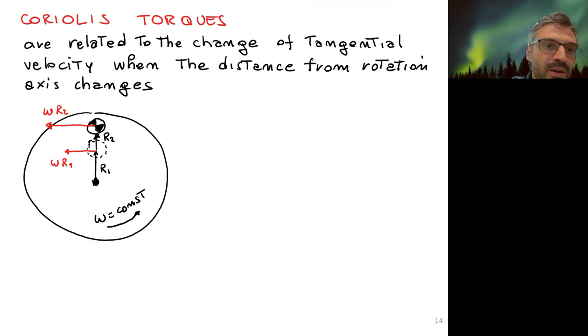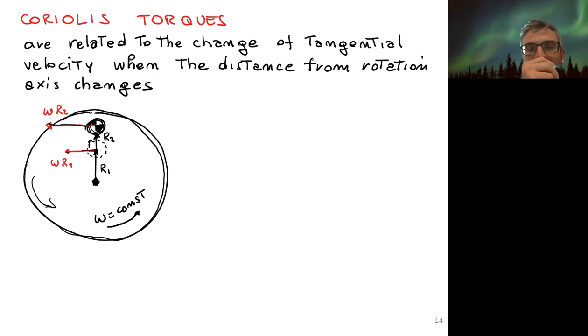So if you are, this is a platform, a merry-go-round, for example, that is rotating at angular velocity omega. And if you are in this point, you will have a certain tangential velocity. If this mass is moving in another point, you have a bigger tangential velocity.